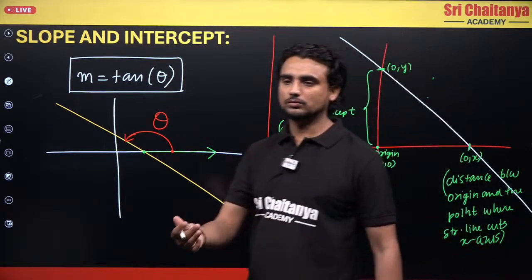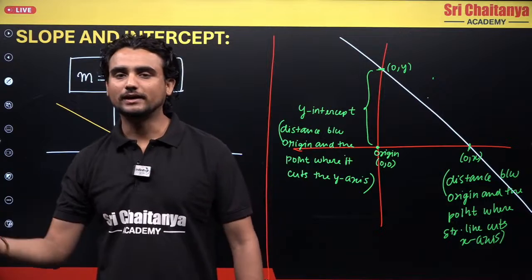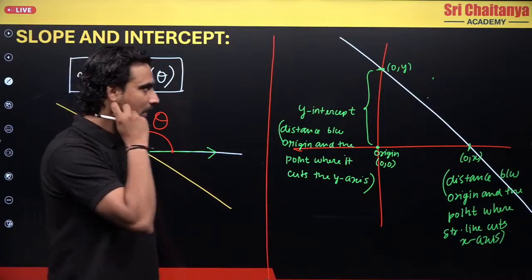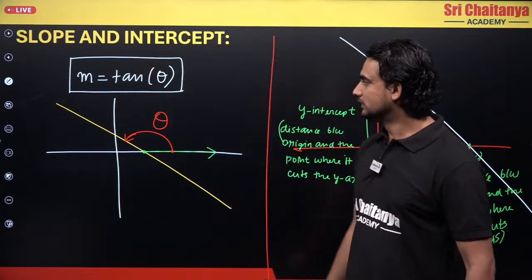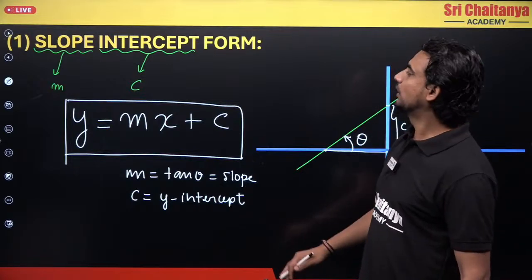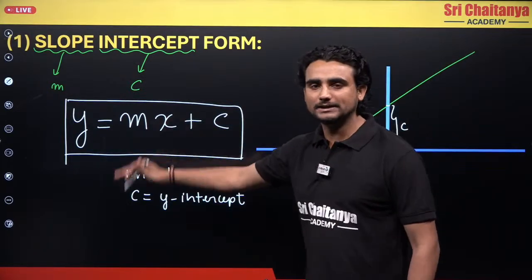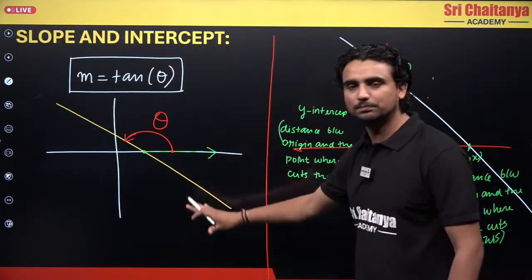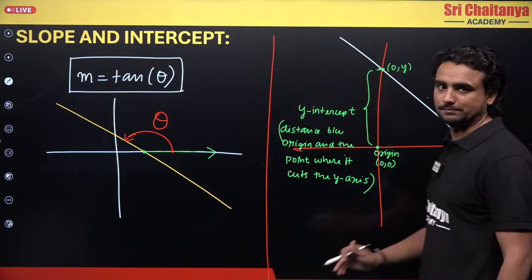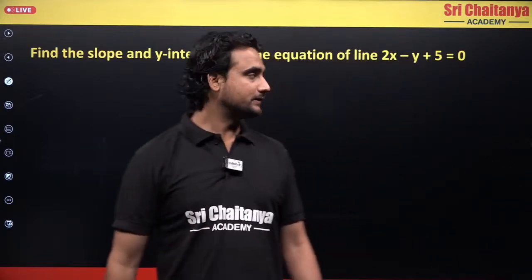Now you should know what the x-axis and y-axis are. I hope this is clear to you. So now we know how to calculate slope, what the slope intercept form is, how to find slope, and how to find the intercept. Great, let's move forward.